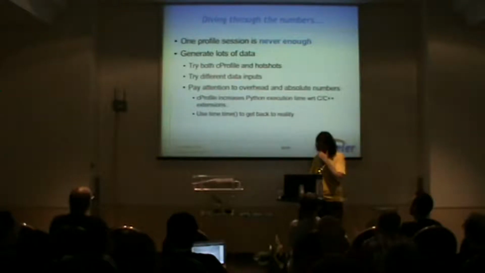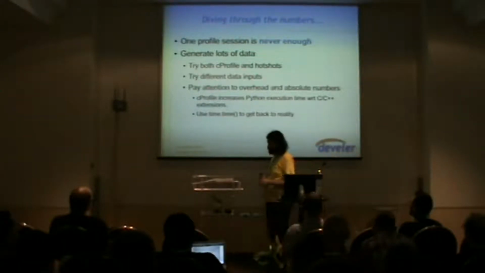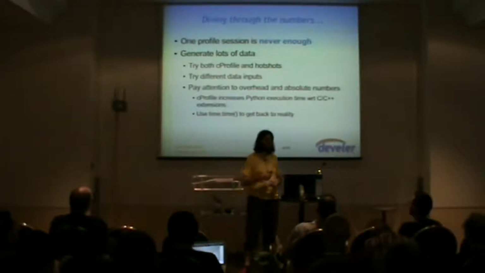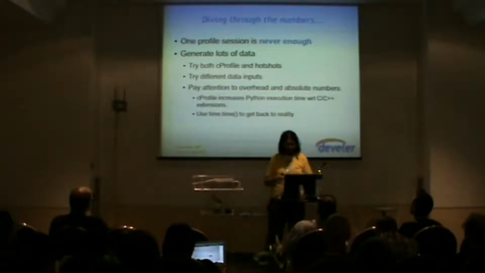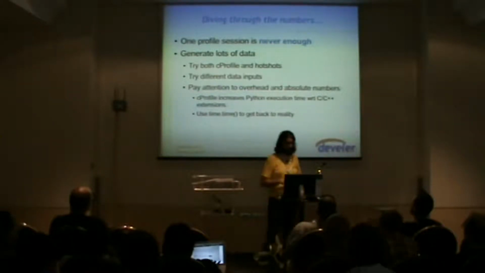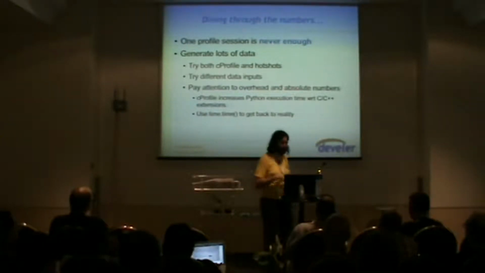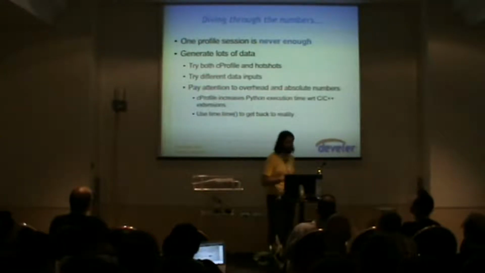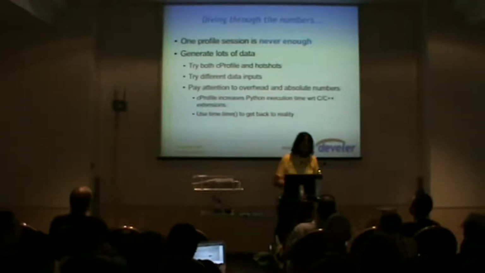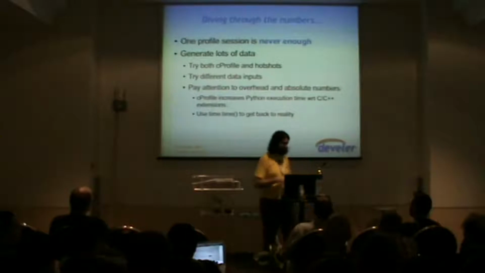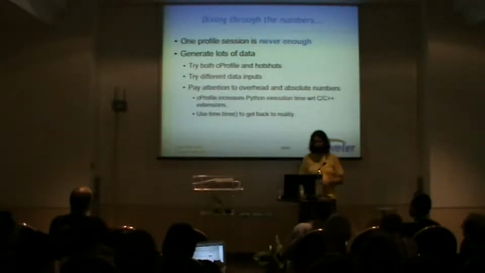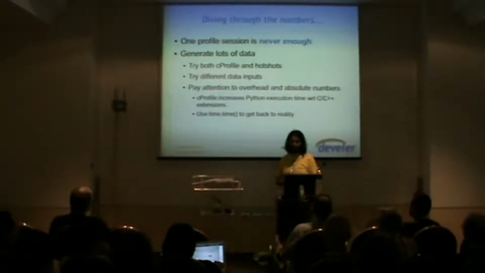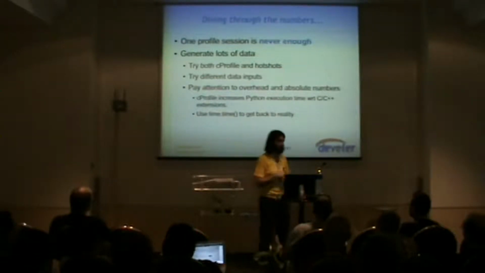Also pay attention to overhead and absolute numbers. Numbers within cProfile are always increased by overhead, as I was saying before. So if you lose focus, you are really shaving a lot of time from your function, and you go down to optimizing that code, taking 0.05 seconds, but it's 0.05 under profiling. So maybe in real time it's really nothing, it's a wash.